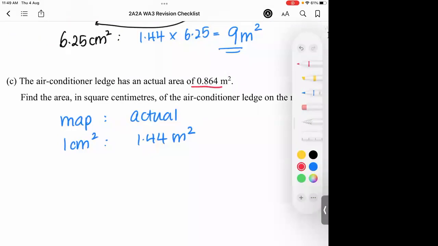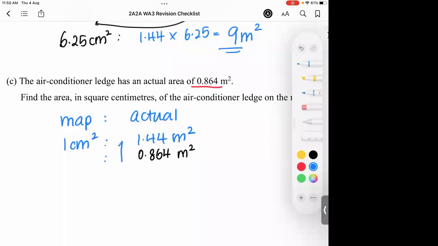Okay, this number 0.864 meters square, is it under the map or the actual? Elise, is this the map or the actual? Actual. Yes, thank you very much. So this one is under my actual, which is 0.864 meters square.